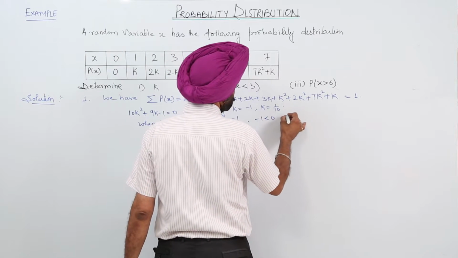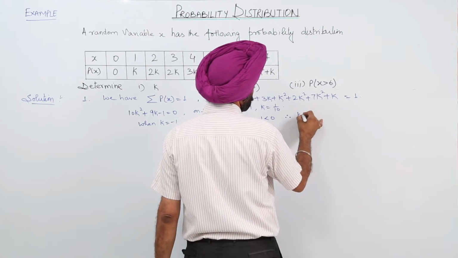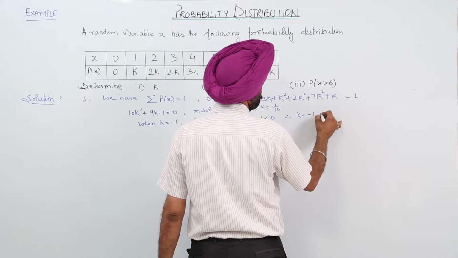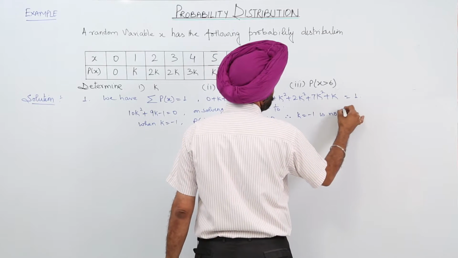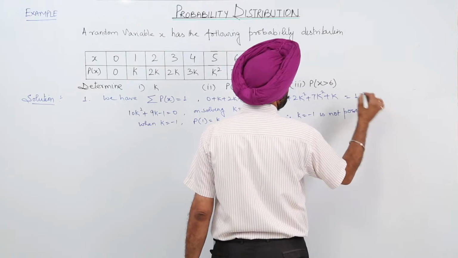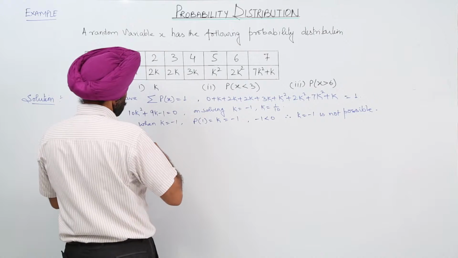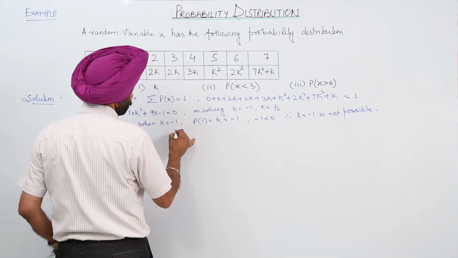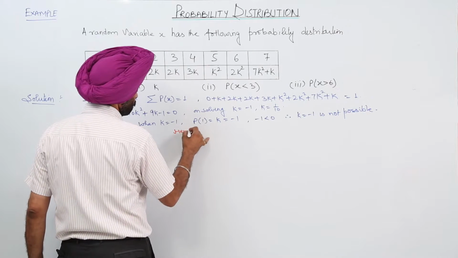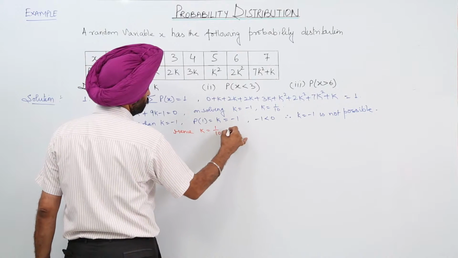Minus 1 is less than 0, therefore k equal to minus 1 is not possible. Is it clear? Hence, k is equal to 1 by 10. First answer.